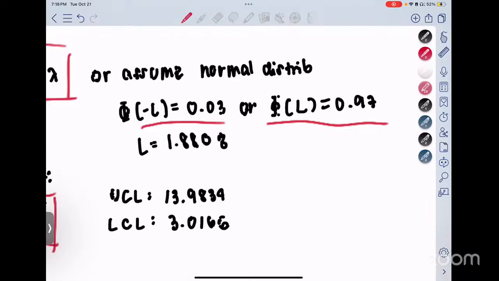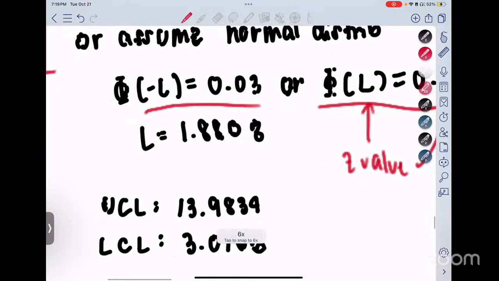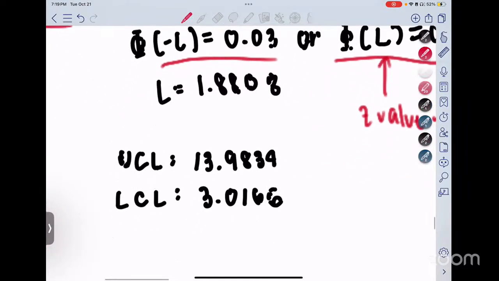Alternatively, you can look for the z values that approximate that, and you will get that L. So essentially, you try to find the z value that yields 0.97. Same thing with 0.03. You will get 1.8806.